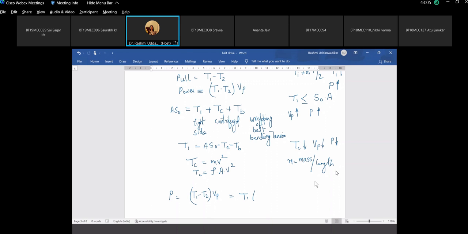If I am considering this ratio T1 by T2 as K, can I write this as K minus 1 by K into Vp, where K is the ratio of belt tensions.